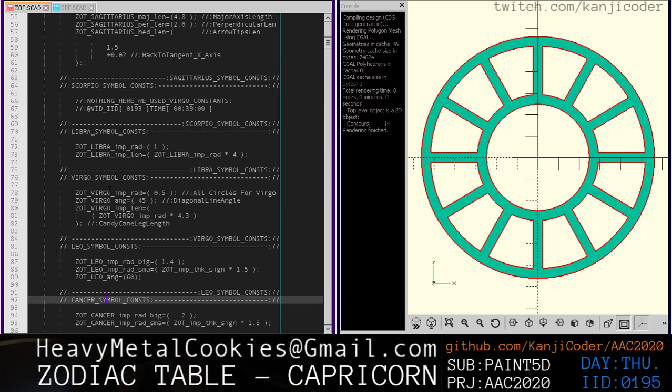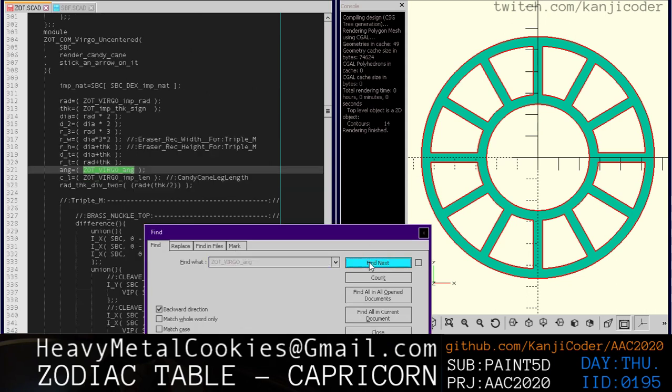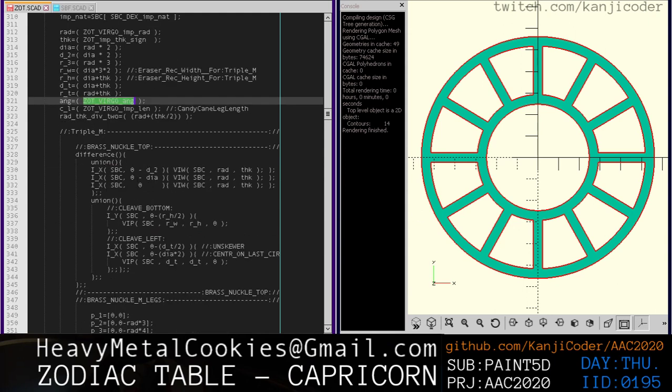So the Virgo, so this length right here, that's not actually the length we want to do. So we don't know what that is. So let's go look in here for a second and find, at some point we had decided on some type of length for this triple M thing, right? So we look in here.